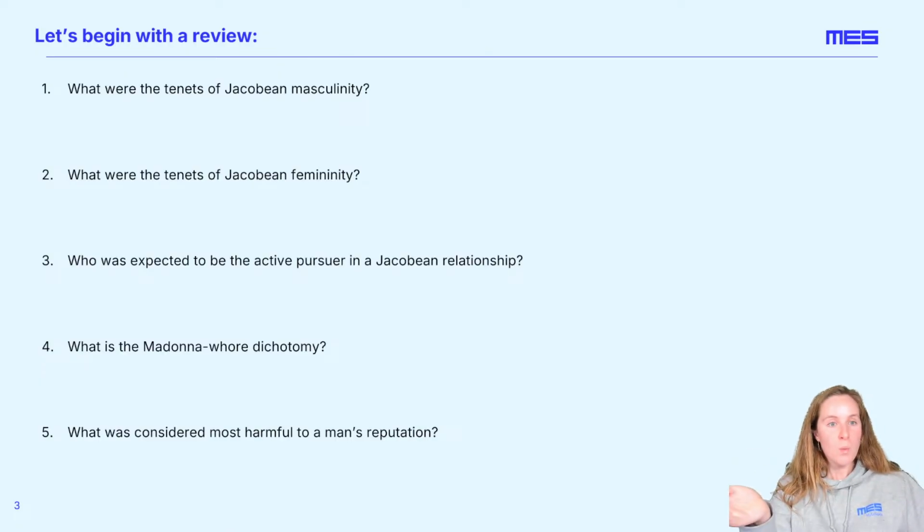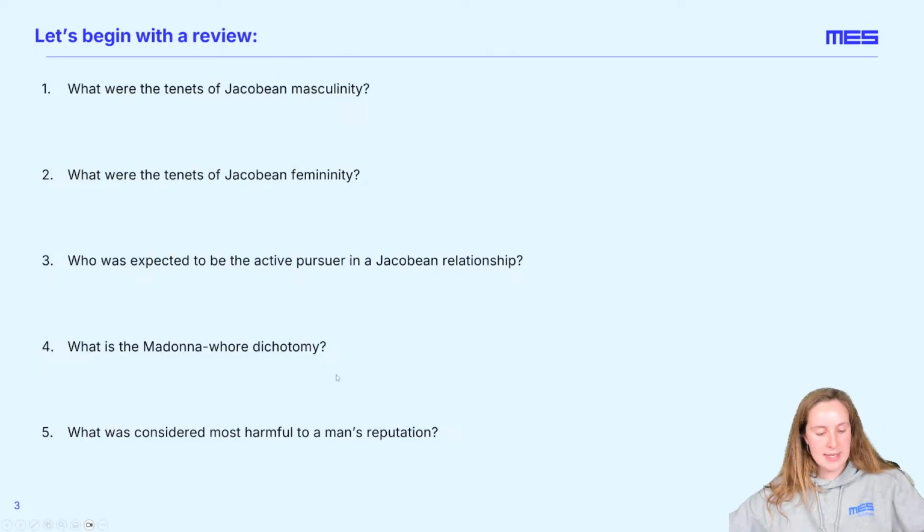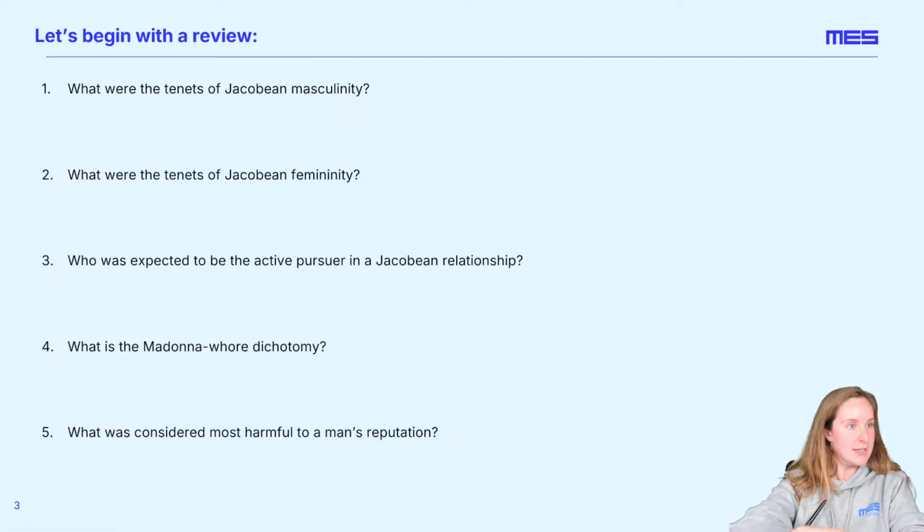So, for example, what were the tenets of Jacobean masculinity? This is thinking about what were the important elements of Jacobean masculinity. Jacobean, of course, referring to the time period of Shakespeare's writing and performing of Othello, which was during King James I's rule.